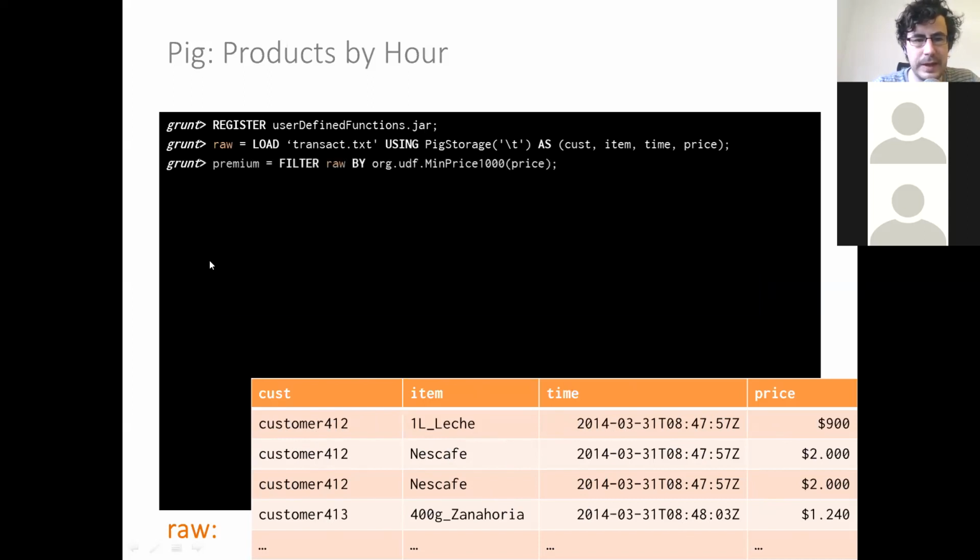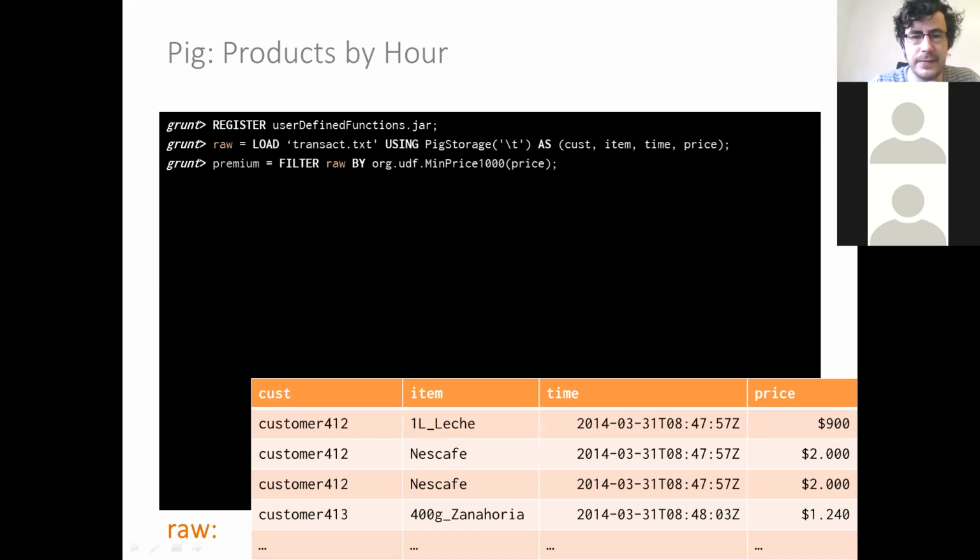So let's say we're only interested, I didn't mention this in the question, but we're only interested in items that are above a certain price. So we can define a user-defined function. In this case, we define a user-defined function just because in our data, we have these $signs and dots and so forth. Otherwise we could use a condition in Pig to filter.